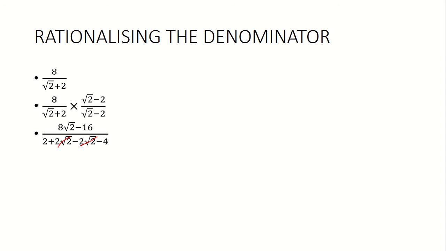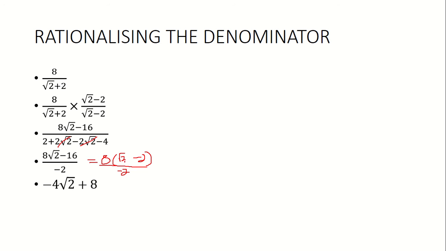In the numerator, you will still have 8 square root 2 minus 16. In the denominator, I'll be left with minus 2, which is minus 4 plus 2 will be minus 2. In the numerator, I have a common factor of 8, so I'm going to take it out. And obviously if you divide that 8 with negative 2, it's going to give you negative 4.